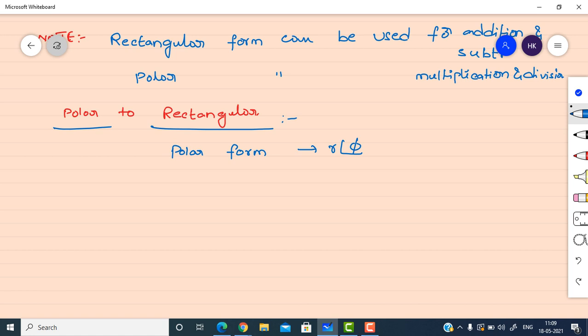Rectangular form is x plus or minus jy. So you need an x component and a y component. From the given polar form equation, you have to find x and y in terms of r and phi.